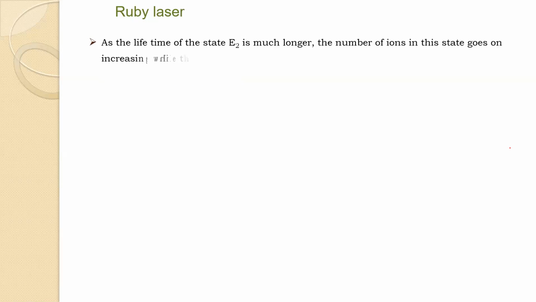And now the atoms reach E2, and E2 is a metastable state, so its lifetime is longer. Then the number of ions in this state goes on increasing, and that on E1 decreasing. So N2 increases and N1 decreases.